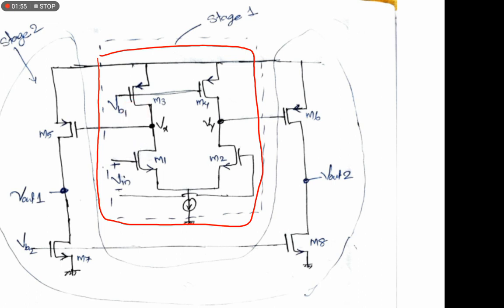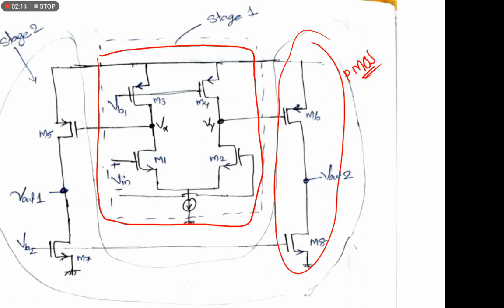You can use a diode connected configuration or a cascaded configuration; anything is fine. For a simple circuit, we are considering a current source load. The second stage is a common source configuration with a PMOS as the input, and the outputs Vx and Vy are connected to that common source configuration.